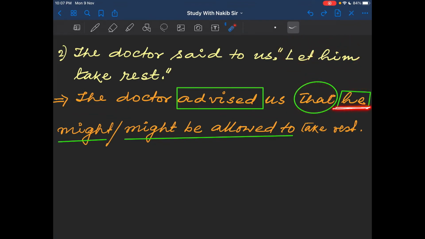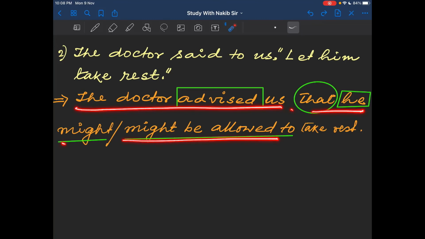So the subject here is he, as he is the third person pronoun. So it will remain unchanged in the reported speech of the indirect narration. So your final answer is the doctor advised us that he might or might be allowed to take rest.